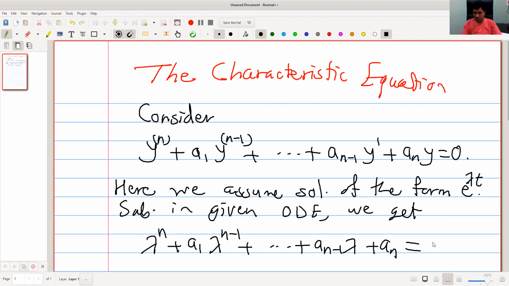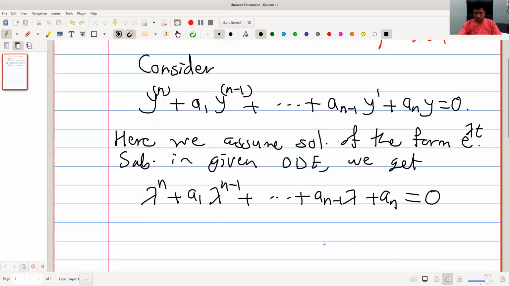That means we have this polynomial in lambda equal to 0. So this is called the characteristic polynomial of the given ODE.